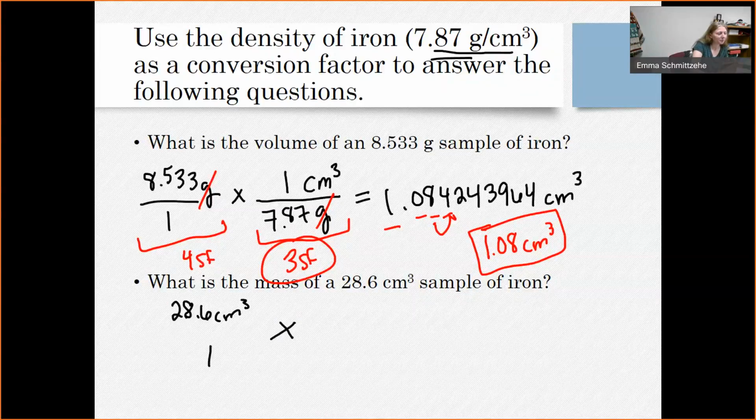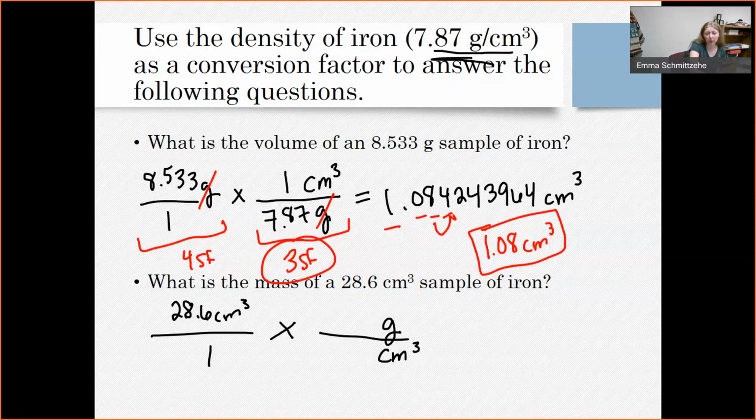Then, so that's basically on the top, right? So I'm going to multiply, I'm going to put centimeters cubed opposite to cancel. And then I want a mass unit. And based on the given conversion factor, I'm going to be going to grams.